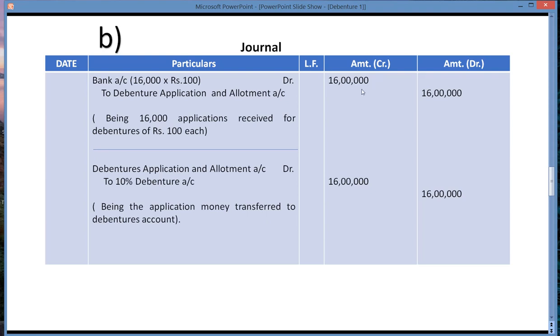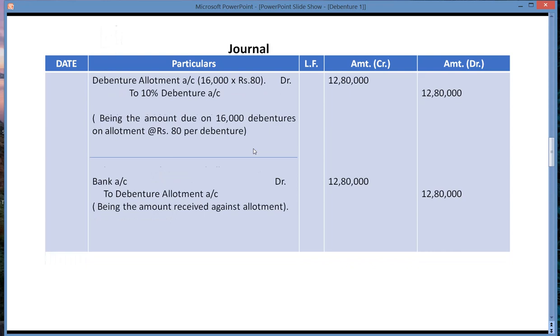So this is 16 lakhs. Here debenture application account debited to 10% debenture account, being application money transferred to debenture account, 16 lakhs. So this is how the transactions are recorded.